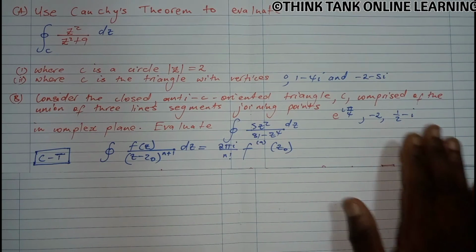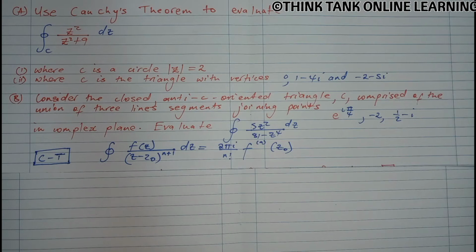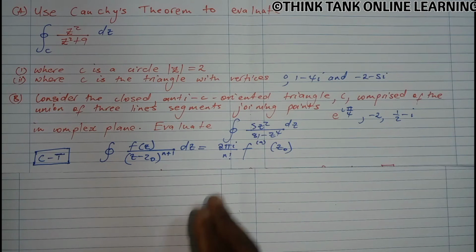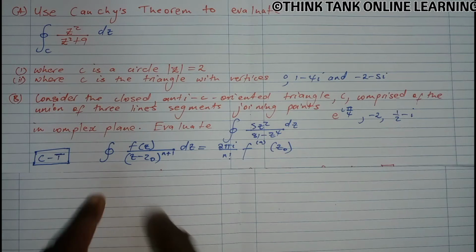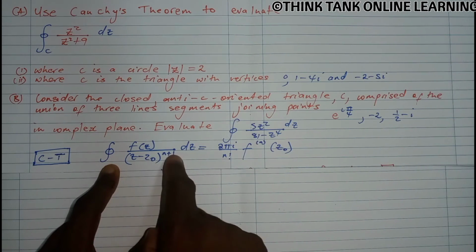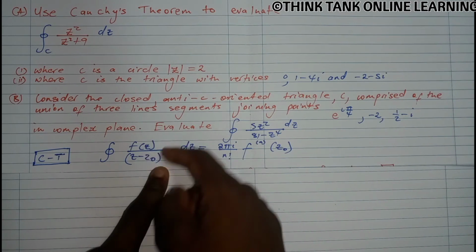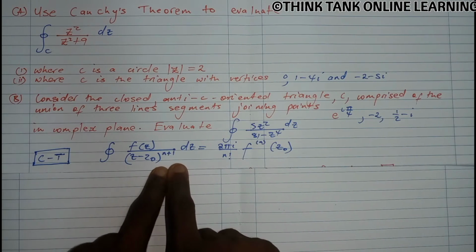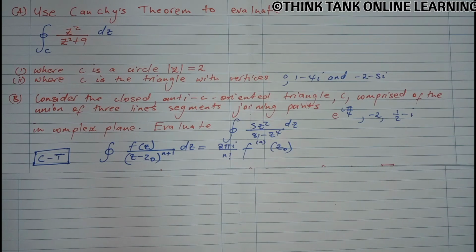So what is the Cauchy integral theorem? The Cauchy integral theorem says that if f(z) is analytic, it only works on analytic functions. Remember that in complex variables, to evaluate the integral of f(z) over (z minus z naught) to the power n plus 1 dz, we're not going to do some crazy or complicated integrals.